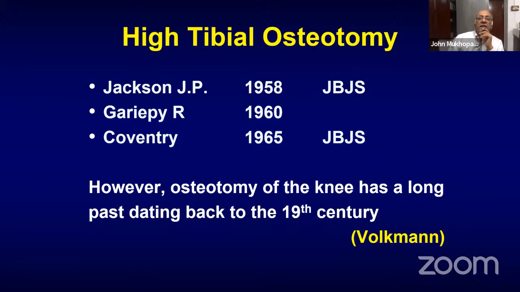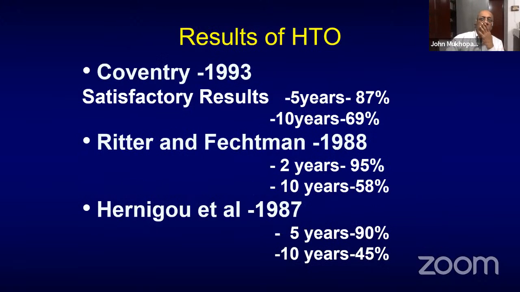However, if you look at history, it dates back to the 19th century, and even Volkmann wrote about it in the 19th century. Now, HTO became very popular in the 70s after Coventry's articles on it. However, over a period of years, what was seen was that although the initial results were very good, over a period of time, the results diminished.